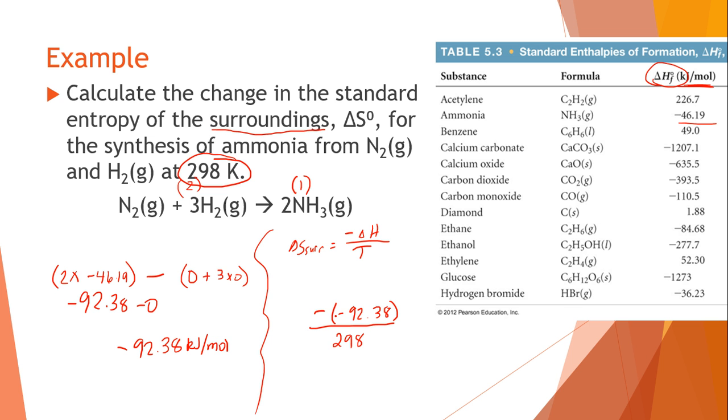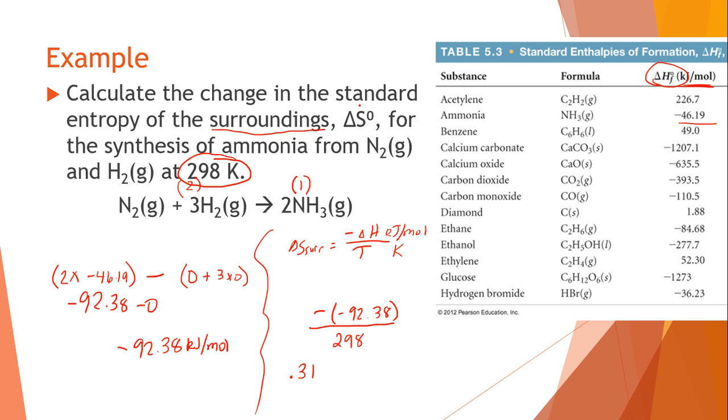Notice that you have a negative outside and a negative inside, so that becomes a positive value. So positive 92.38 divided by 298 gets me 0.31. This is where keeping track of your units is very, very important. Notice that on the top we had kilojoules per mole, and on the bottom we had Kelvin.